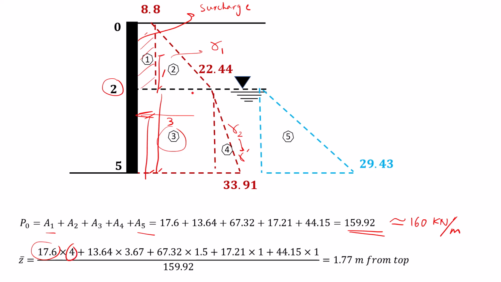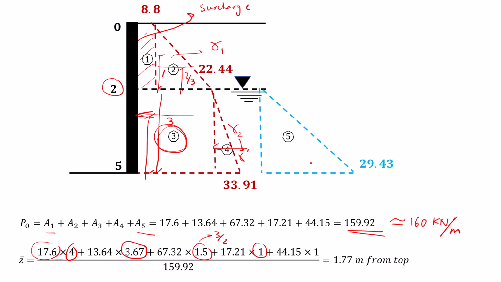For area 2, we already have 3 meters, and 1/3 of the distance from top to h equal to 2 would be 2 divided by 3, which is 0.67, plus 3 would be 3.67. And we have this triangle here. From the bottom it would be h divided by 3, which would be 1, and also the area here, which is a rectangle. The distance would be 3 divided by 2, or 1.5.